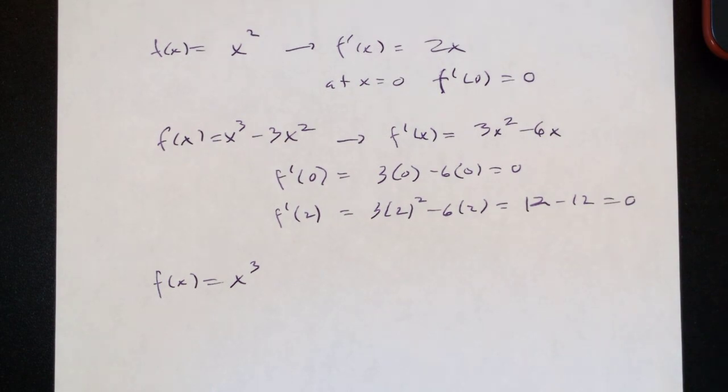What's the derivative of x cubed? 3x squared. If I put in 0, I get 0. Graph this. Graph of the function itself.